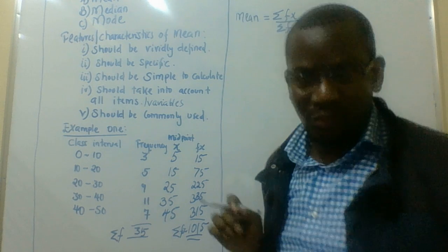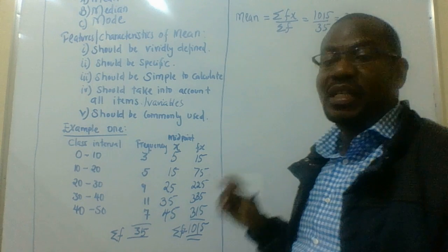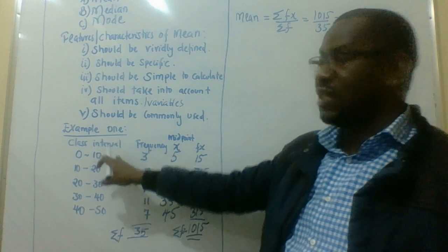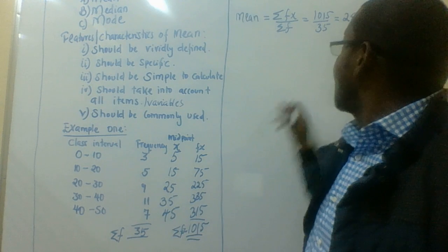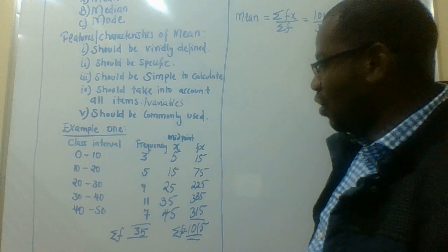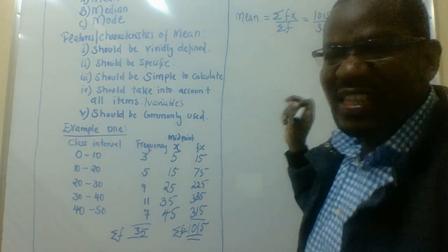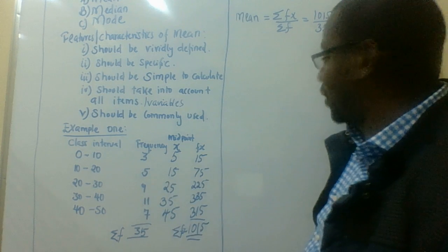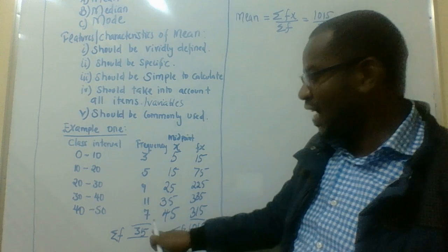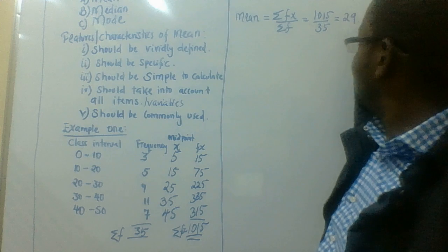You can be asked to interpret the mean. If you are asked to interpret the mean, we are saying, if this is a matter of marks, and this is the number of students, we can say the mean marks of 35 students. That's how we interpret the mean marks, because this is marks, this is 29. The mean marks of 35 students is 29.